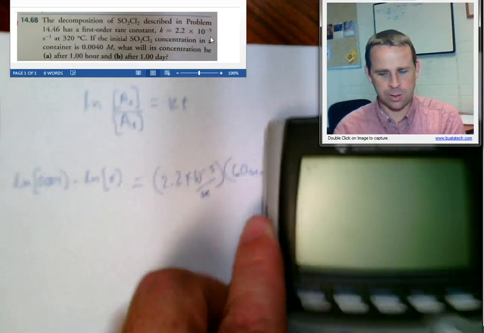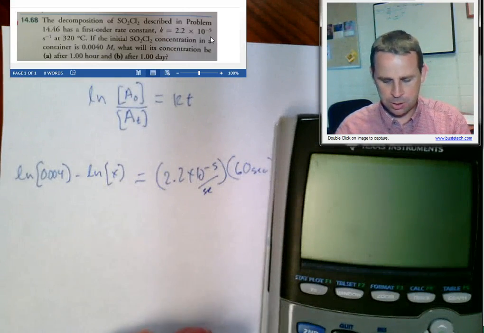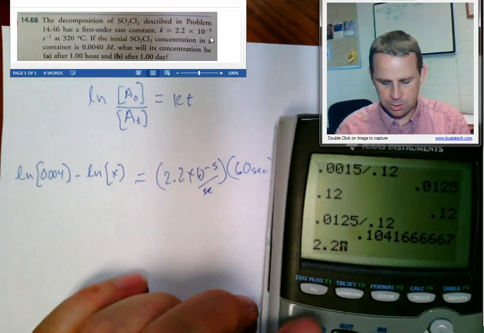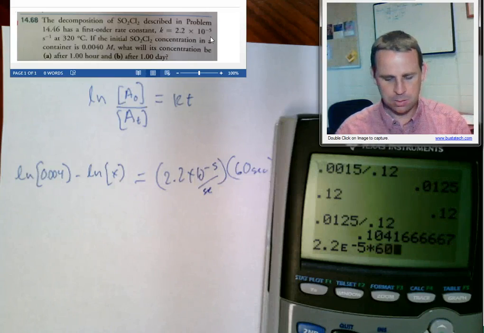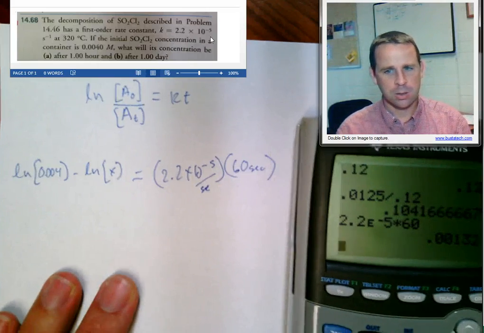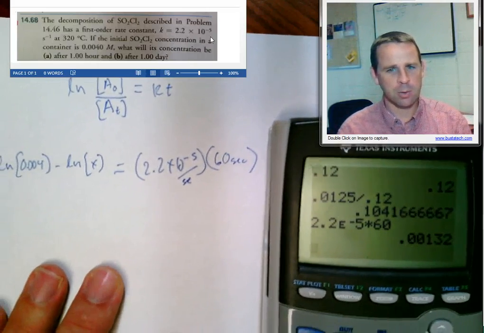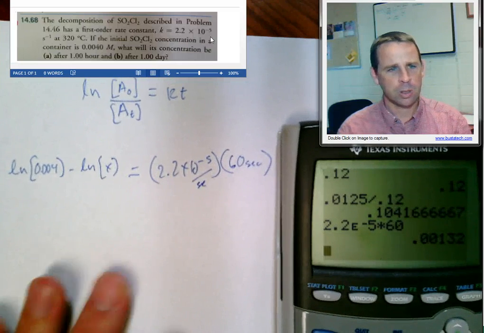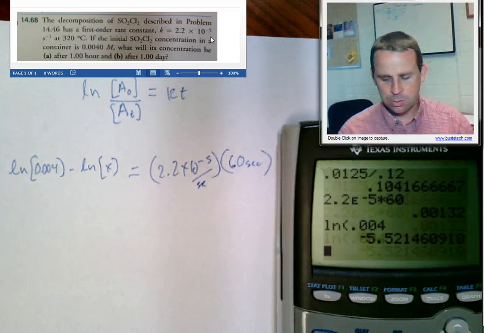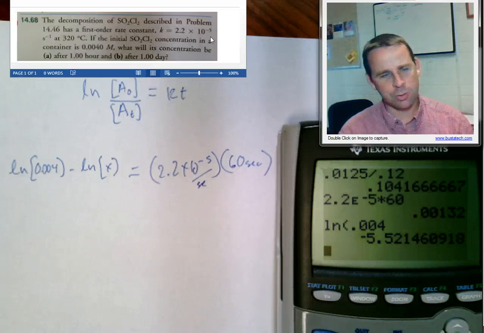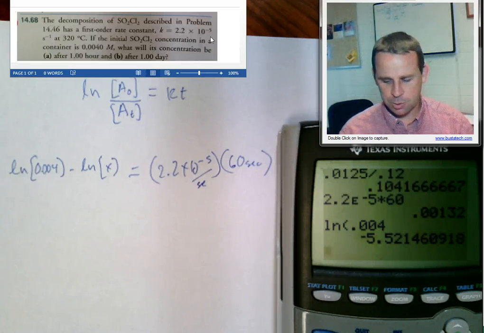We get our calculator, 2.2 times 10 to the minus 5, times 60. Okay, so we got a value there. Also take the natural log of 0.004. And we're going to bring the natural log of 0.004 over by subtracting it from both sides.